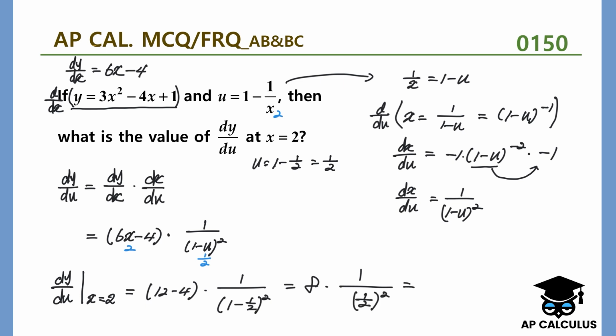So that's 8 times, this part right here is 1 over 1/4, which is equal to 4, right? So 8 times 4, that is equal to 32. So the answer is 32.